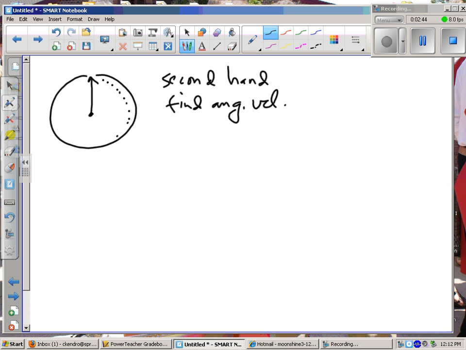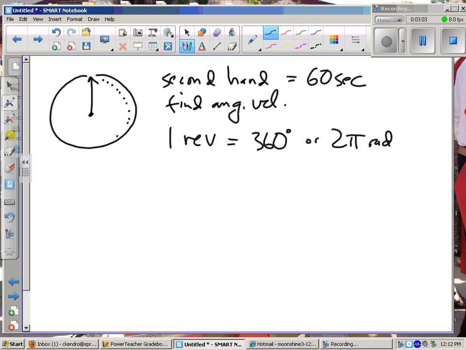If that's all the information I give you, you have to do some detective work here. The second hand on a clock takes 60 seconds to go around. And one revolution, one trip around, is 360 degrees, or 2 pi radians.